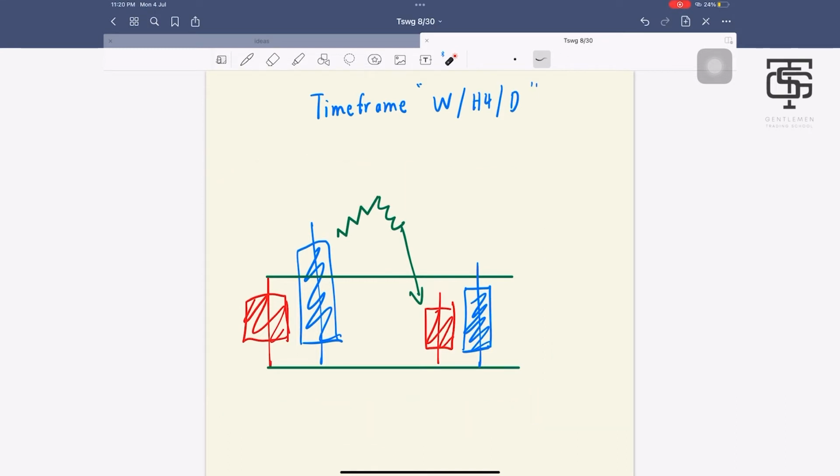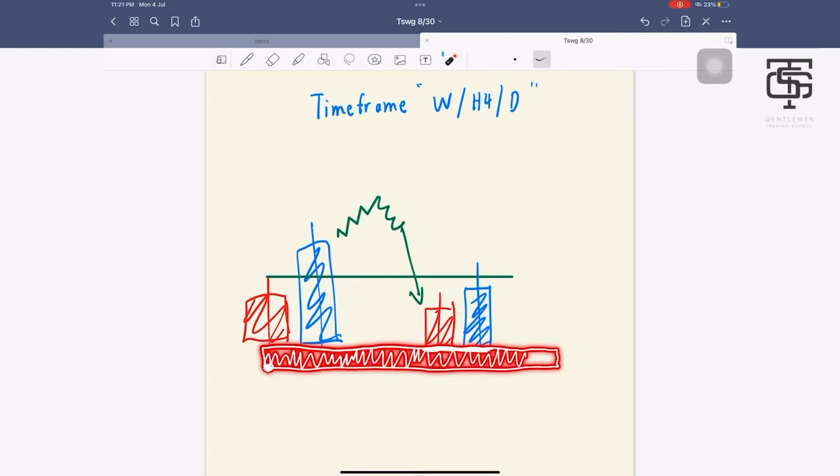We're going to take the low of the bearish candle. Remember? This candle. So the low is over here, right? So we're going to draw a line all the way straight. And this line is going to be at the opening of engulfing number 2. So this would be our demand zone for whatever time frame.